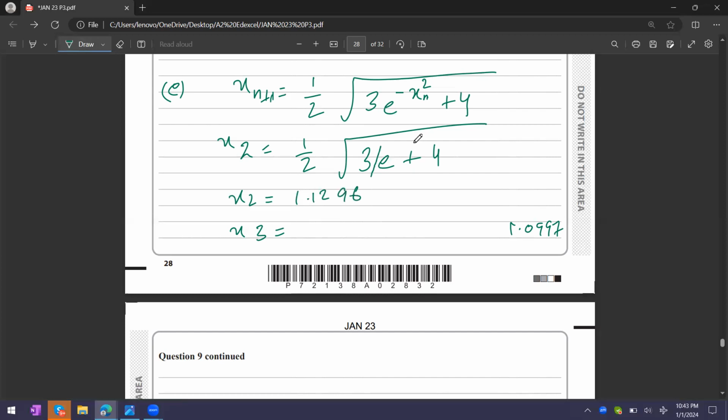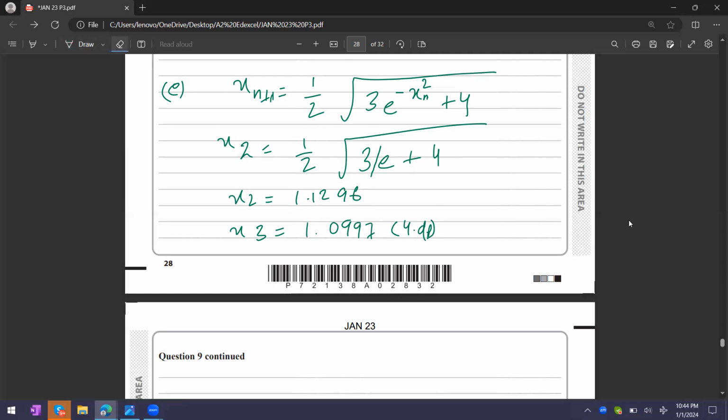Now you put it back in the formula again. Yeah, now we are getting 1.0997, up to 4 decimal places.